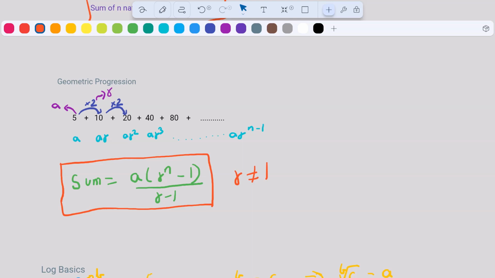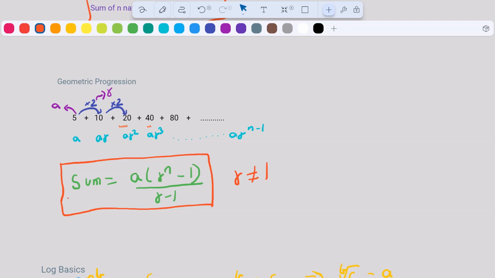In this series, the first number is a, and each time it is multiplied by 2, so this is r. You can see 5, 10, then 20, which is 5 into r square, so 5 into 4 is 20, after that 40.